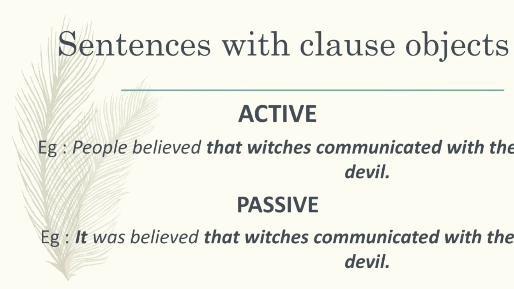It is usually used as an introductory subject. So, "Nobody knew whether there was gold left in the mine" becomes "It was not known whether there was gold left in the mine." Okay. So, this is the way we create sentences with clause objects.